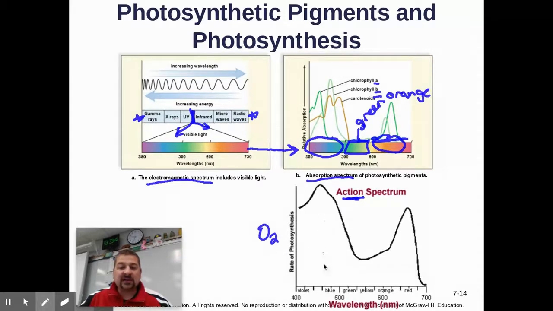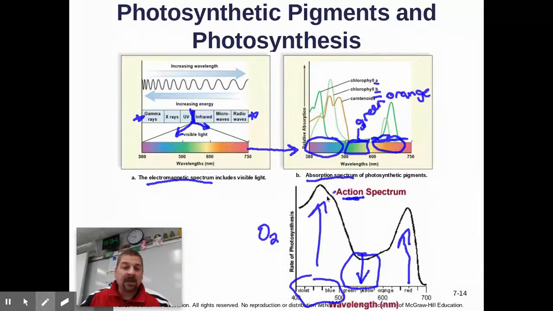You'll notice that in the violets and blues you get a lot of photosynthesis. In the reds and the oranges, a lot of photosynthesis. In the green yellows, not much photosynthesis. So the action spectra very much reflects the absorption spectra because obviously the pigments are absorbing the light in those different wavelengths.